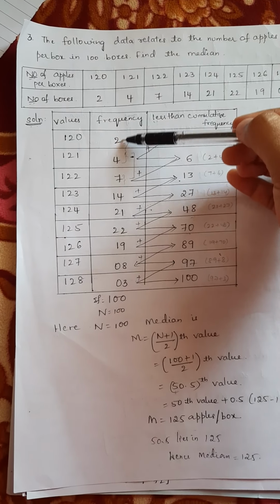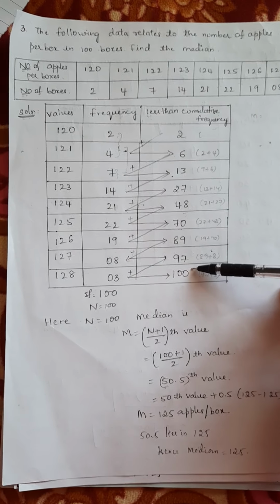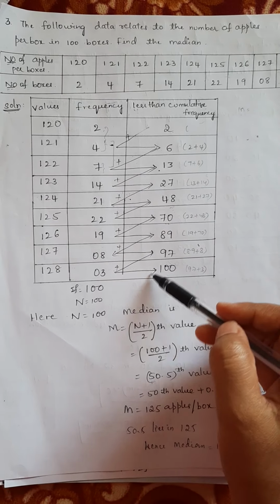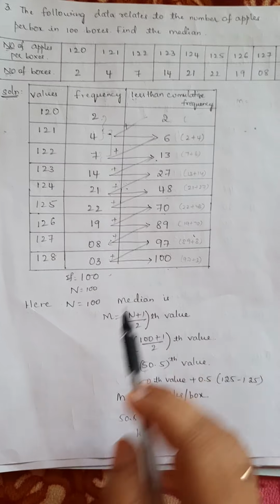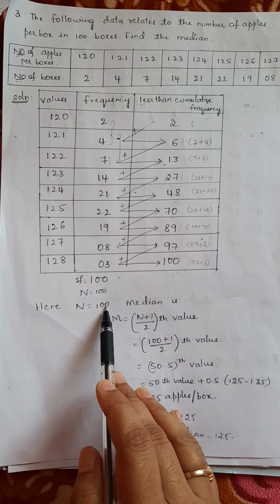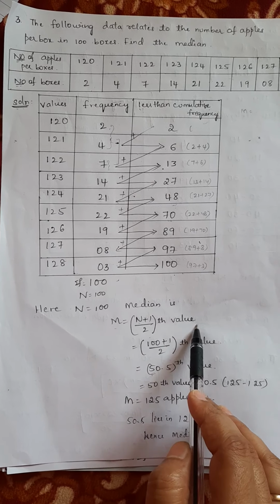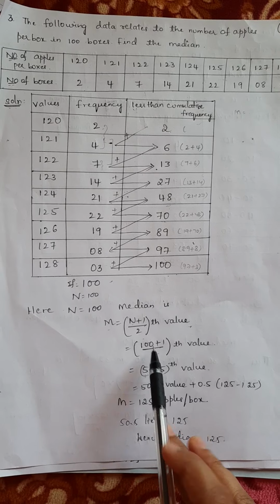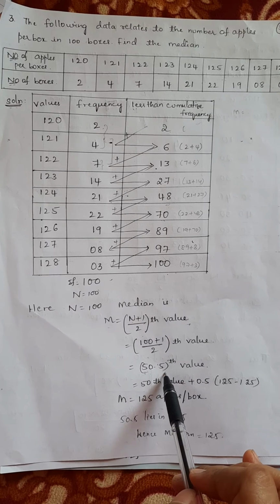The total of the frequency column is 100, so n is 100. The median is given by M equals (n plus 1) by 2th value. With n as 100, 100 plus 1 by 2 is 50.5.